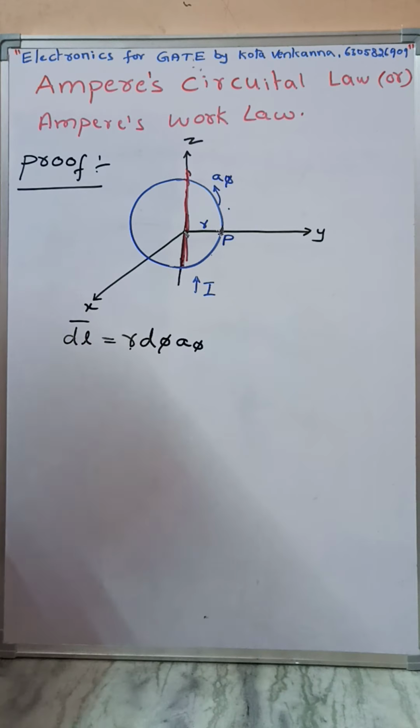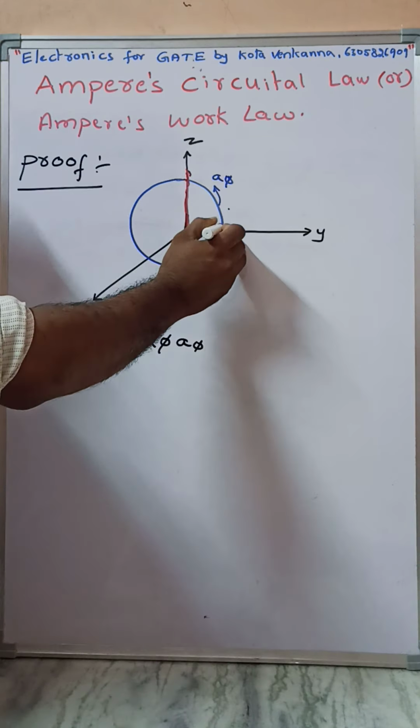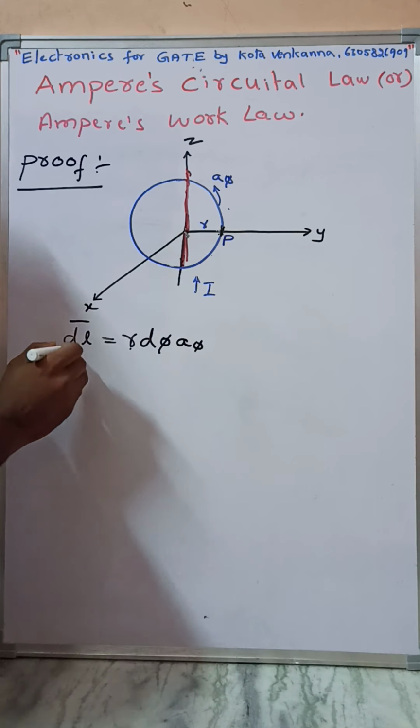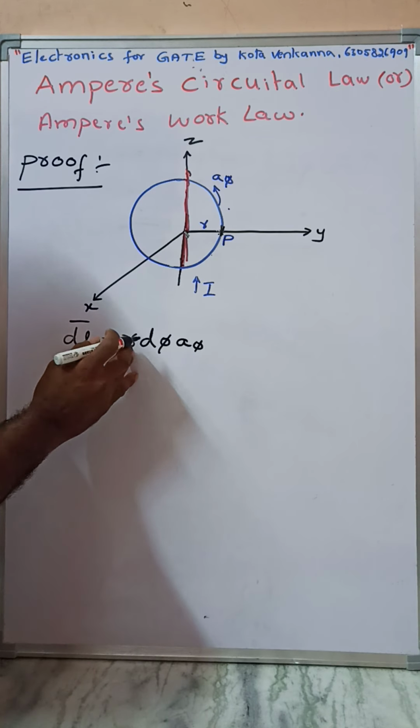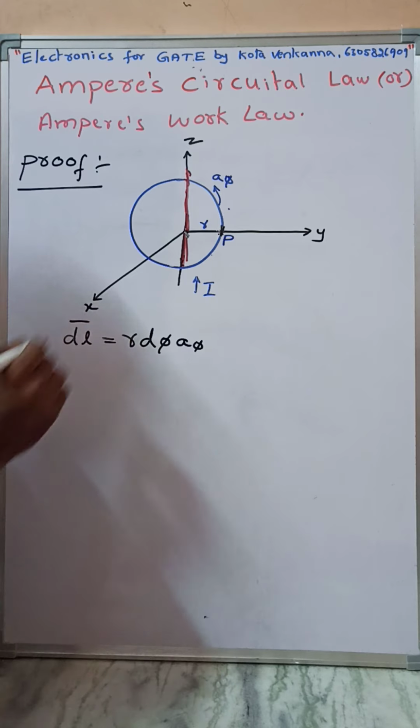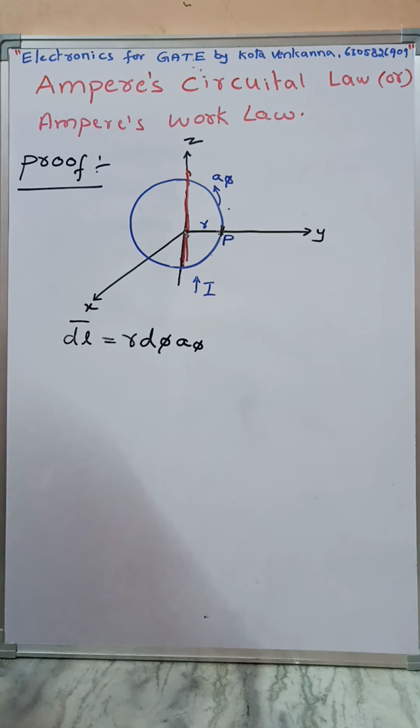So the small distance at point P, dl, is written as r into d phi into A phi.